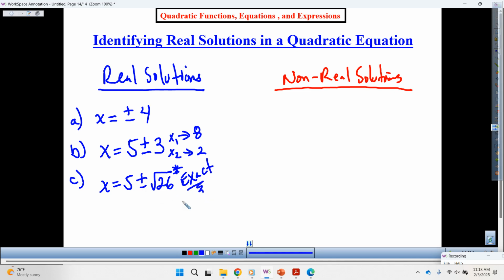When we leave it in the square root form, it's an exact answer. Okay. So all those you've seen before, yes? All right. Today and last week, toward the end, we saw stuff that looked like this. X equals plus or minus square root of negative 9.